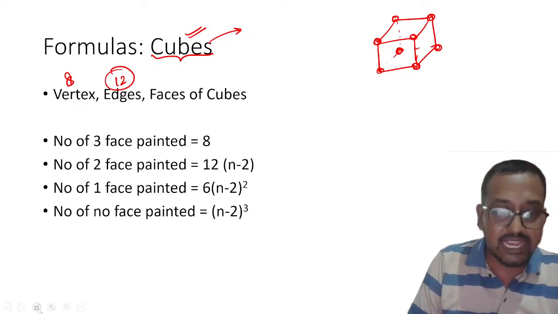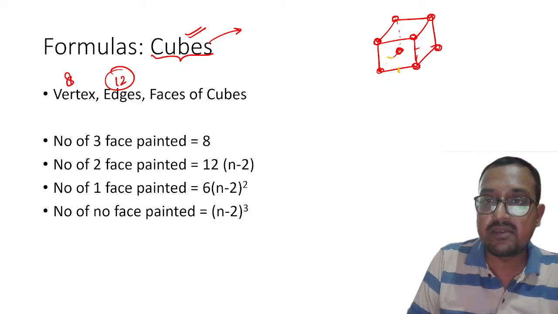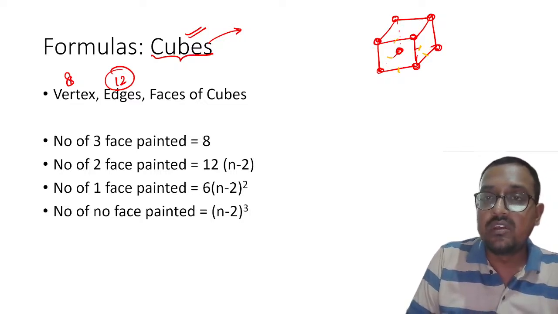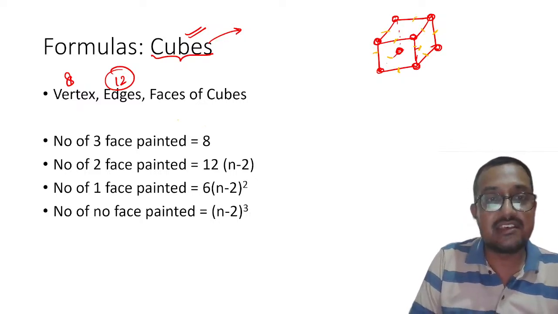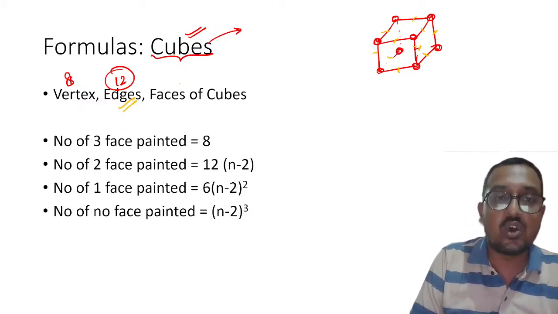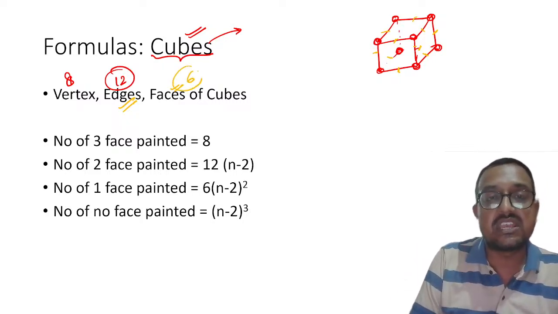Edges means the sides. So if you count, 4 sides will be at the bottom, 1, 2, 3, 4. 4 sides will be at the top, and then 4 sides will be at the sides. So please remember there will be 12 edges. What about faces? Please remember there will be a total of 6 faces in a cube.